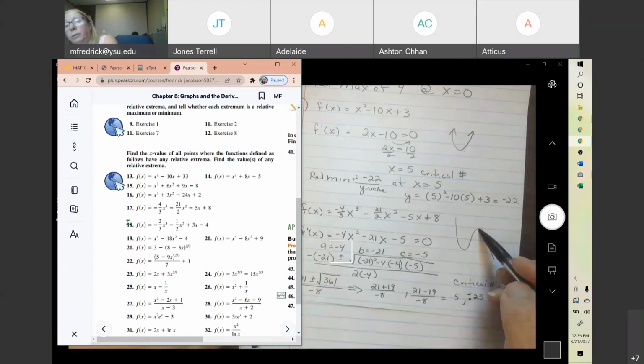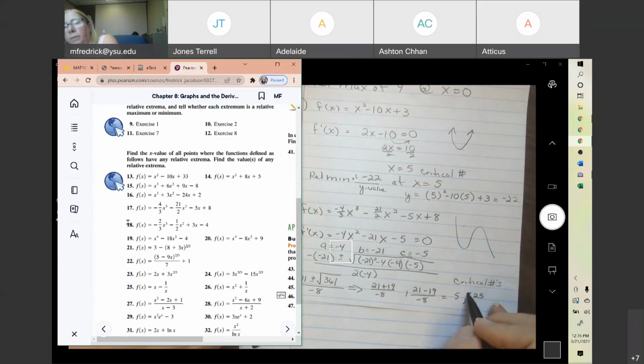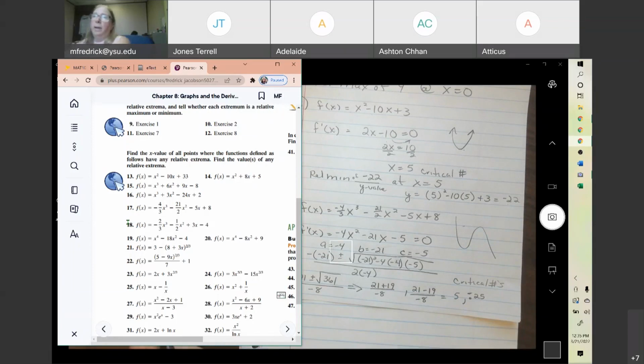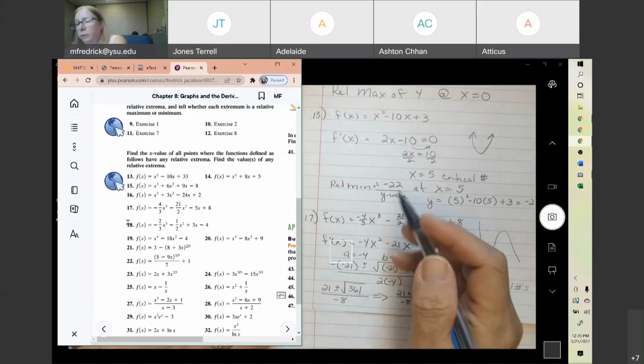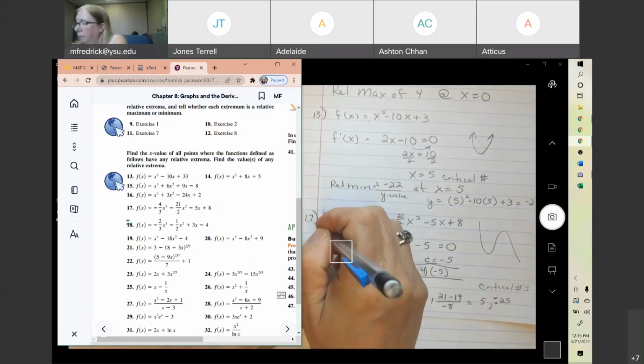There's two critical numbers, which means that first one, the negative 1/4, that's going to be a min, and the 5 is going to be a max. So by knowing the graphs, you can figure out pretty easily whether it's a relative max or min. But if we graph it, look where your derivative is and do the one before it.